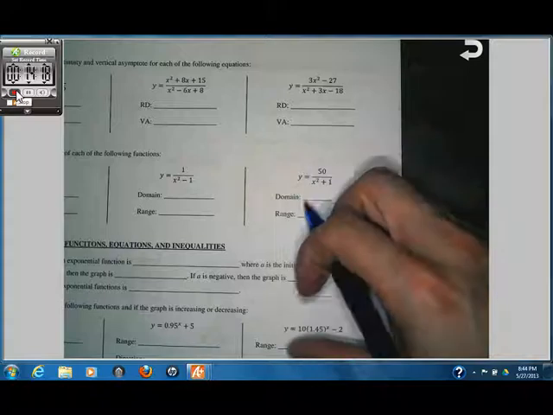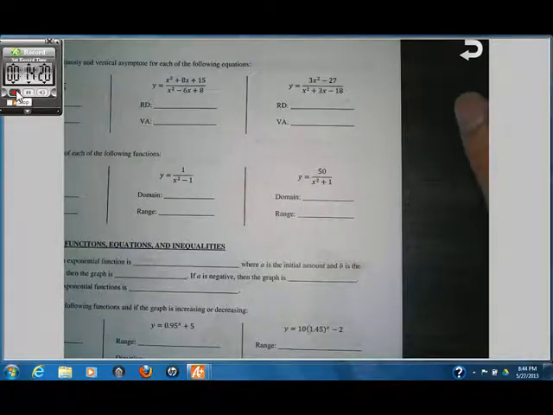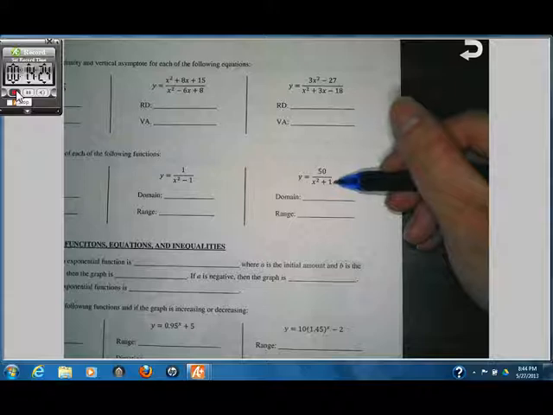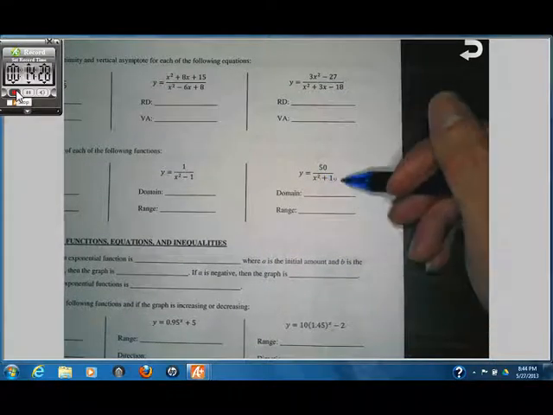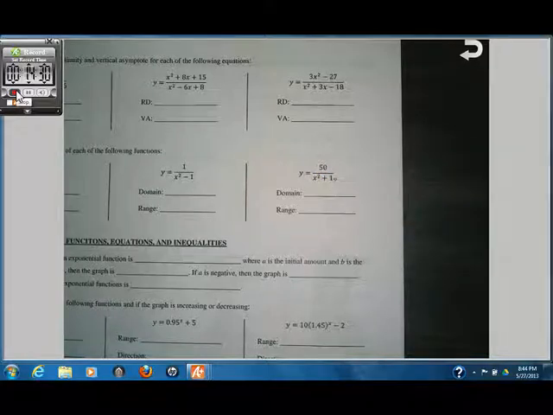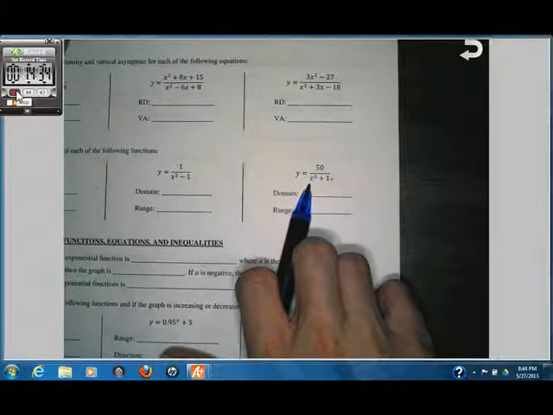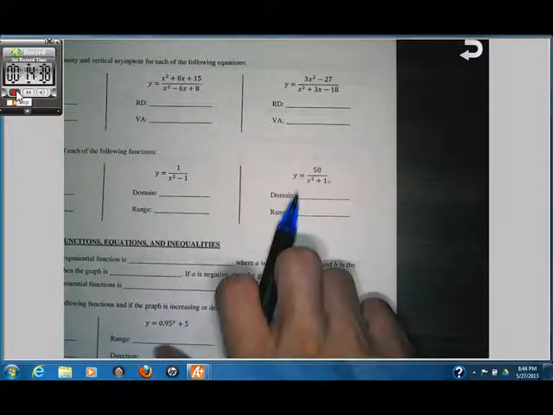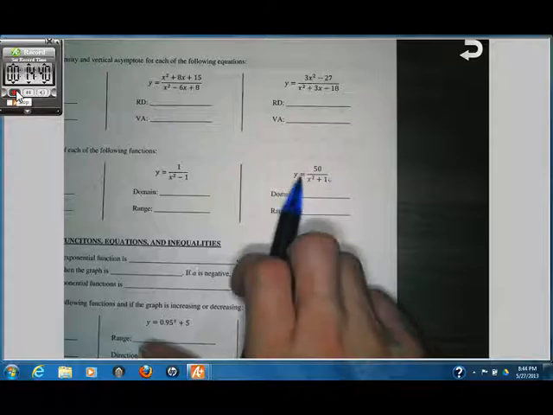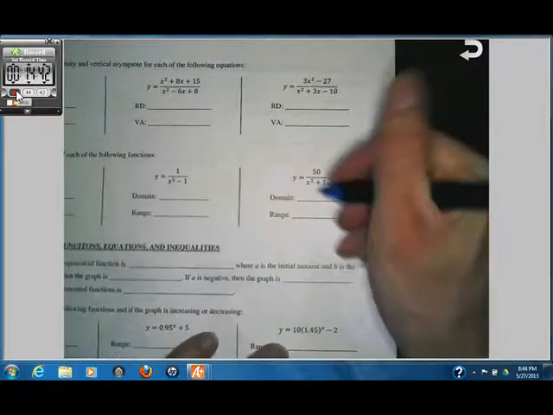So your domain is all real numbers, or from negative infinity to positive infinity. That being said, as x gets bigger, either as an absolute value or as a positive value, as the denominator gets bigger, the value gets smaller.